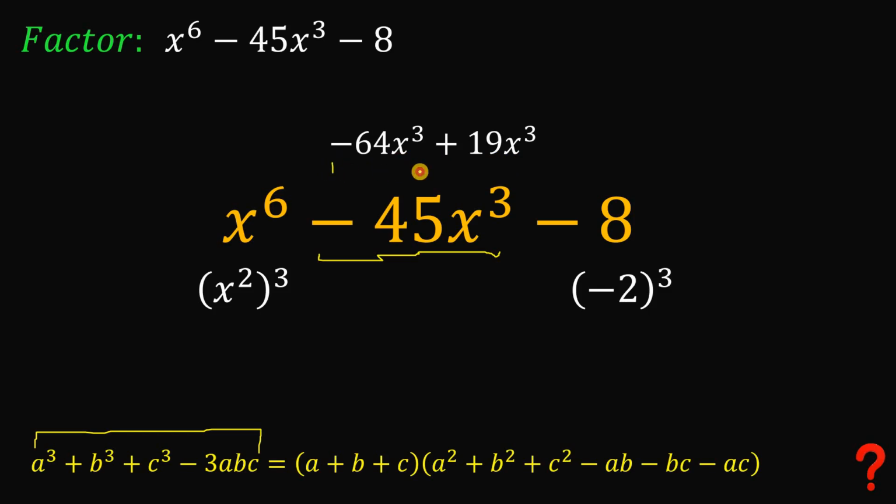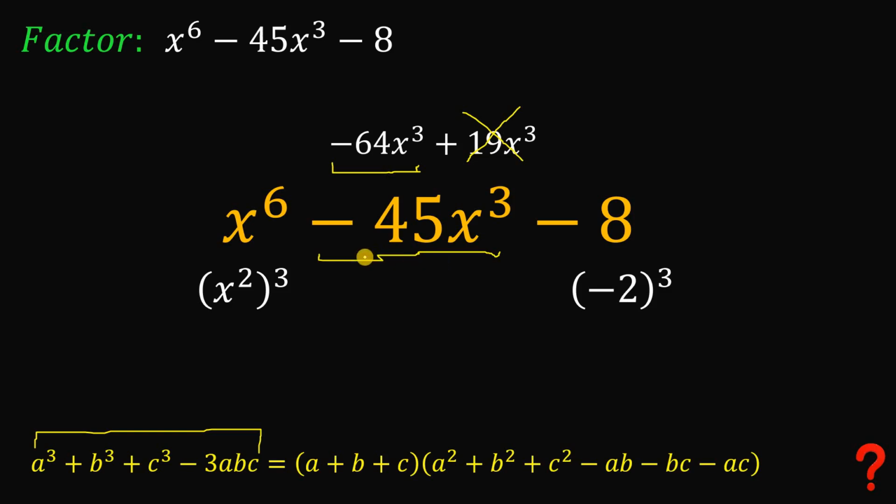Negative 64x cubed is a perfect cube, obviously, but here we go, 19x cubed, 19 is a prime number. So we cannot rewrite 19x cubed in the form 3 times a times b times c, because 19 is a prime number. So the factors of 19 are just 19 and 1. So this expression is not possible.